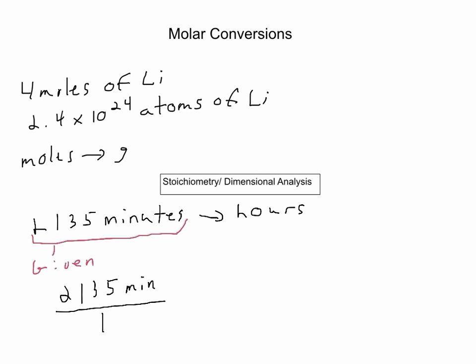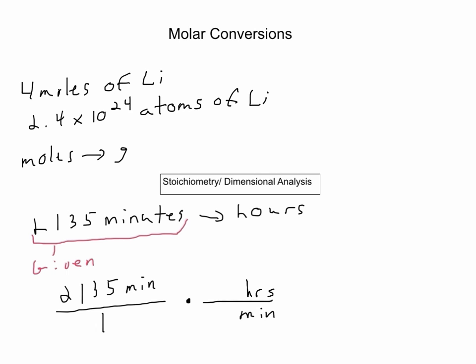I'm then going to multiply by a new fraction, and on the bottom of the fraction, I'm going to put the old unit. So here is minutes. That's what we consider the old unit. So I'm going to put minutes on the bottom. And on the top of our fraction, I'm going to put what we want to get to, which in this case is hours.